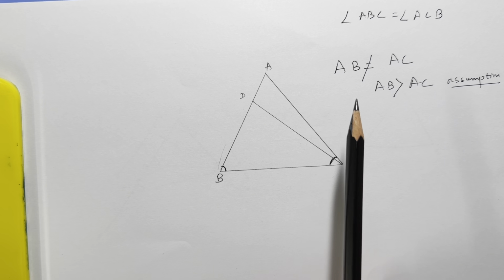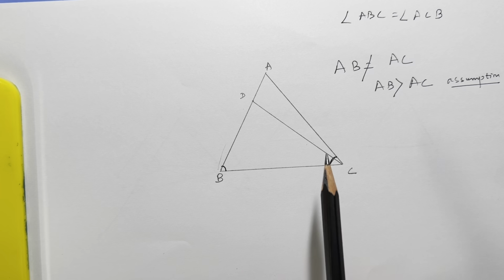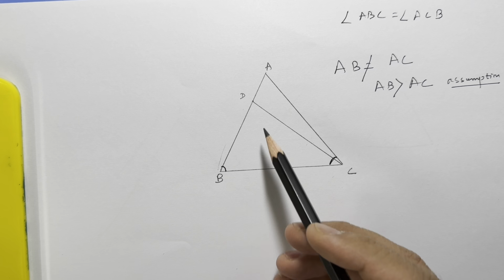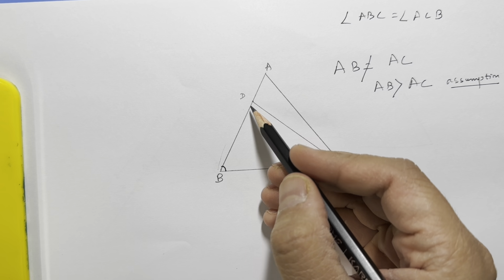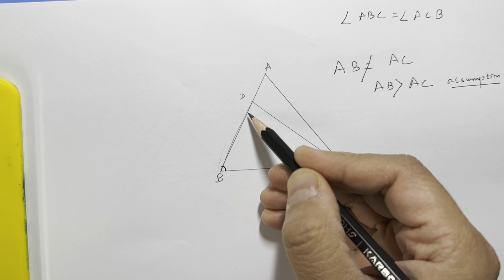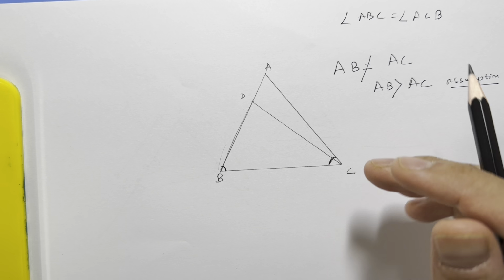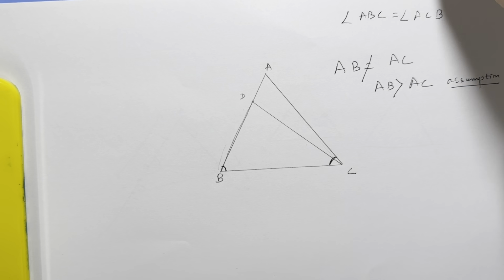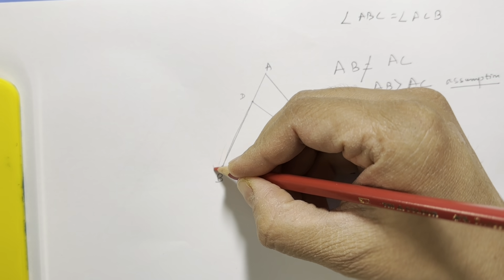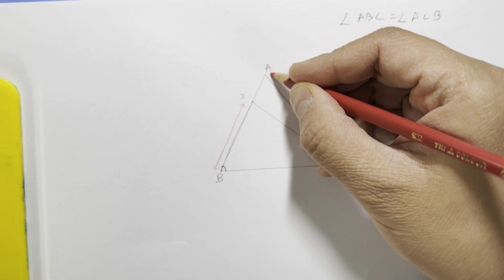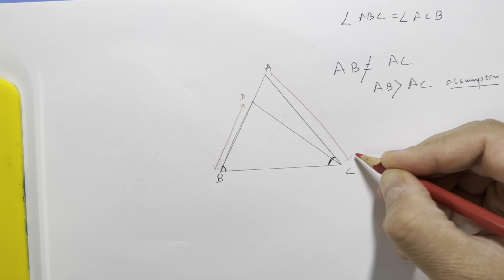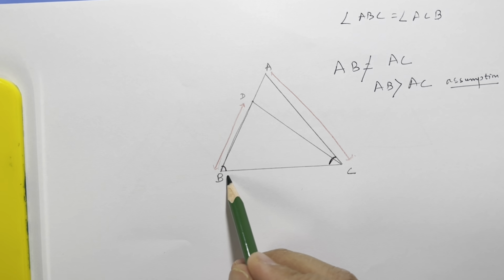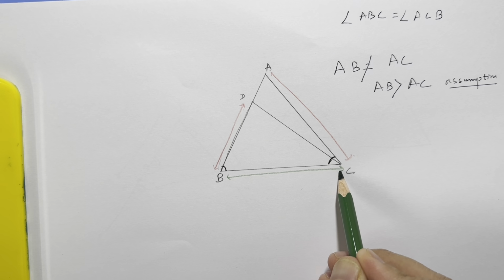So we've joined DC. Then since DB is equal to AC. Why? Because we assumed this was smaller. We took this. So we have, in this case, DB equal to AC, and BC is common. We know BC is common.